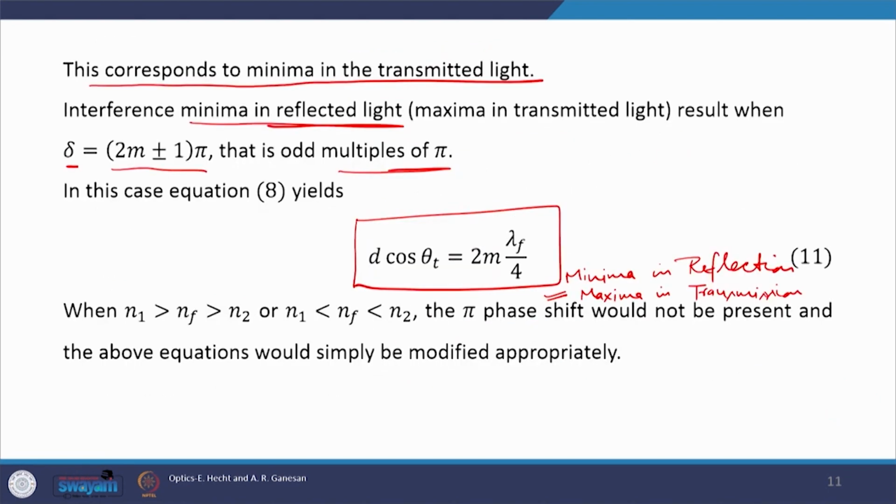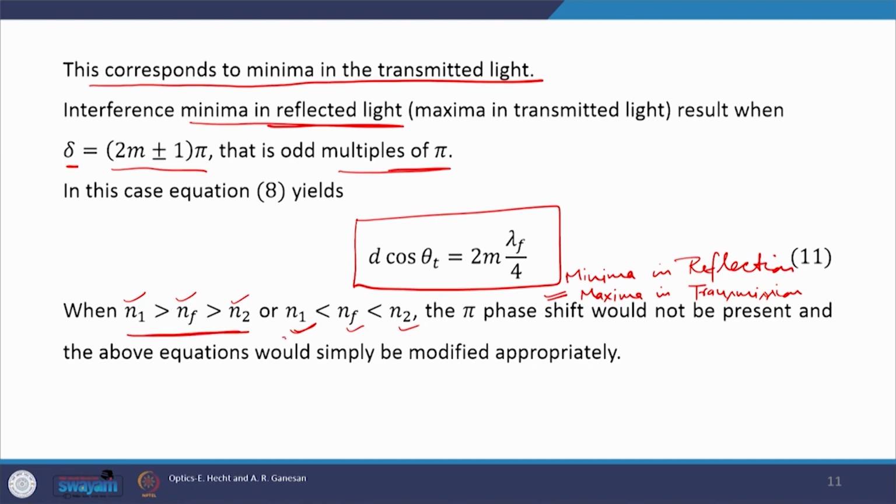Now, there are two special cases. What is this special case? If the refractive index of the first medium is larger than that of the film, and that is again larger than the refractive index of the third medium, or if the refractive index of the first medium is smaller than the refractive index of the film, and which is again smaller than the refractive index of the third medium.